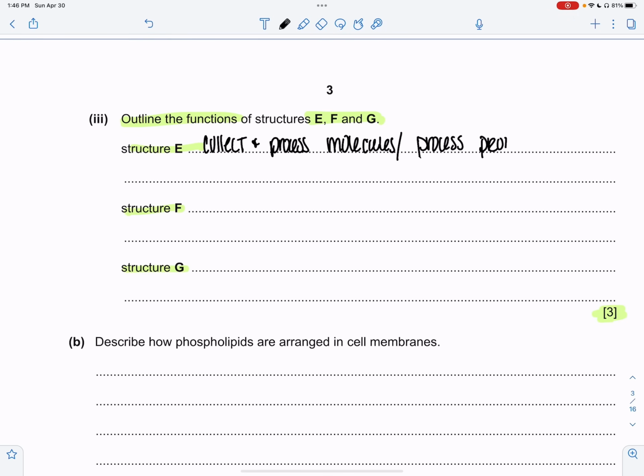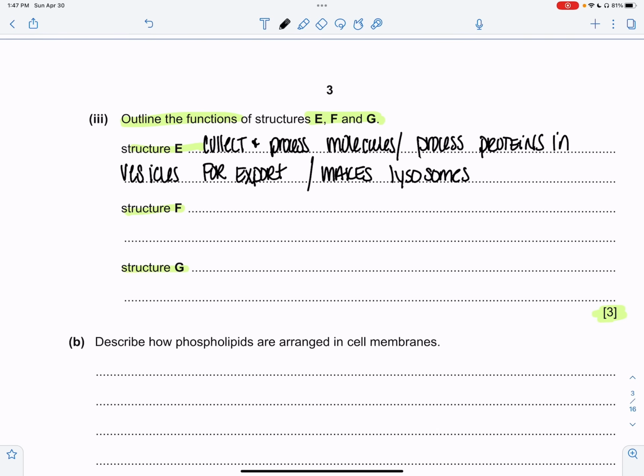Processed proteins in vesicles, with one S, for export. Or, a very easy one to write, this makes or synthesizes lysosomes. And lysosomes destroy things that are within the cell.